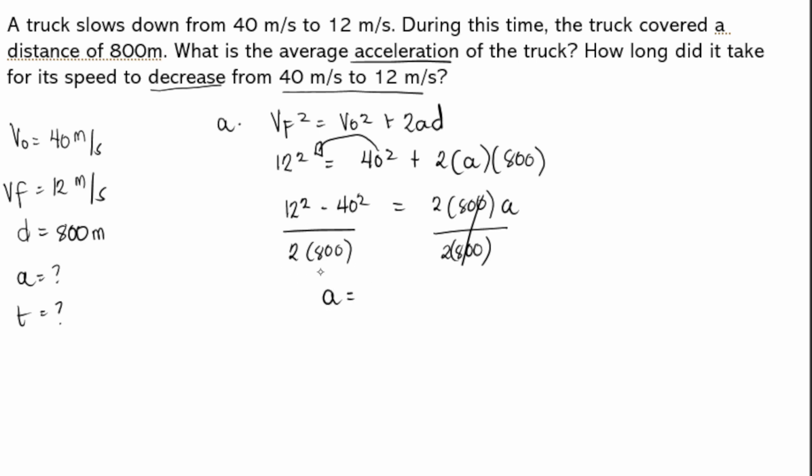If we input this expression into our calculator, 12 squared minus 40 squared divided by 2 times 800, the acceleration would be equal to negative 0.91 meters per second squared. So why negative? Because the problem states that the speed decreases from 40 meters per second to 12 meters per second.